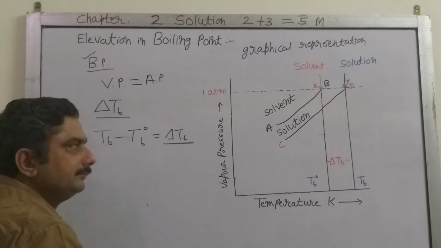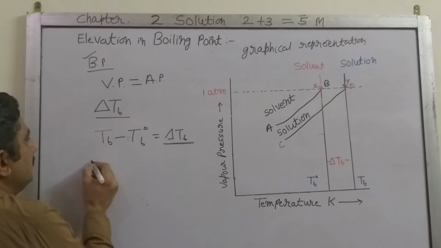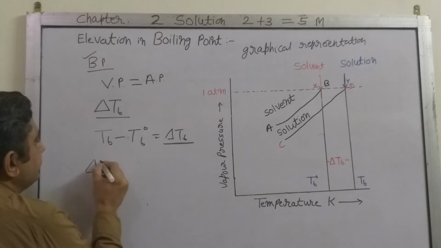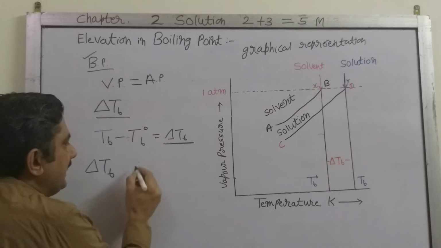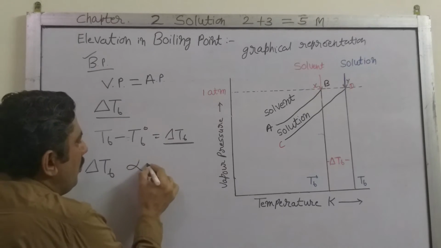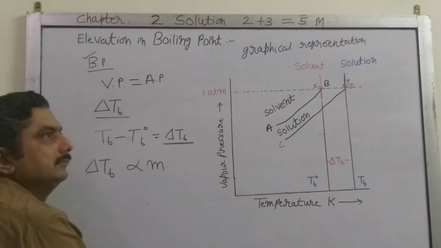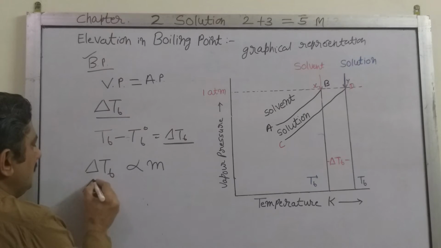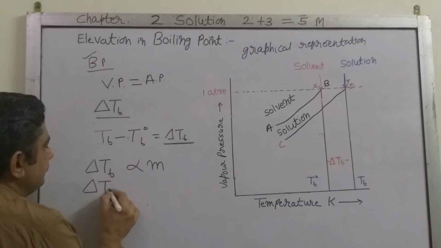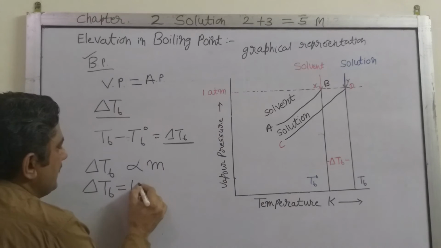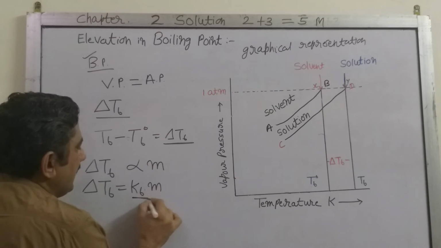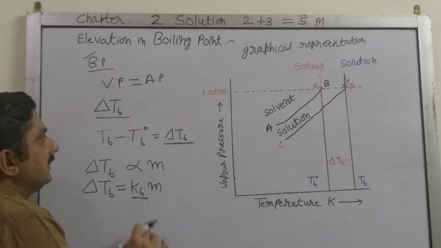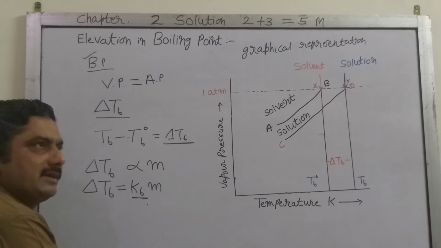Mathematically, delta TB, elevation in boiling point, is directly proportional to the molality, or delta TB is equal to Kb into m. Here Kb is the elevation in boiling point constant.